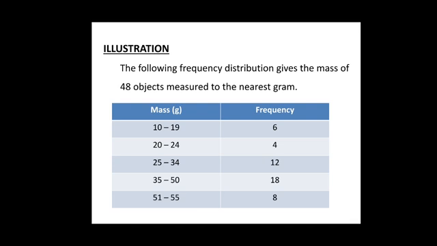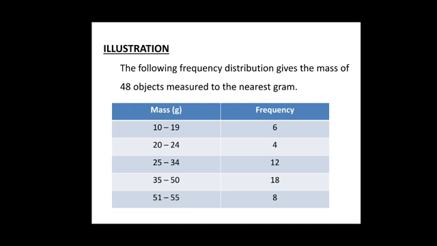Let us illustrate this with the help of an example given here in this slide. The table given here gives the mass of 48 objects measured to the nearest gram, and we have to present this information with the help of a histogram. Just look at the table carefully.